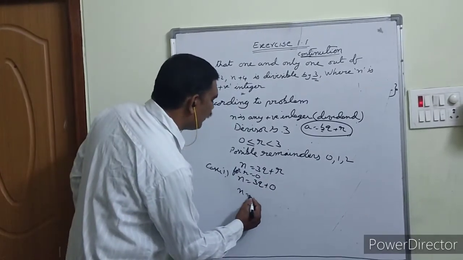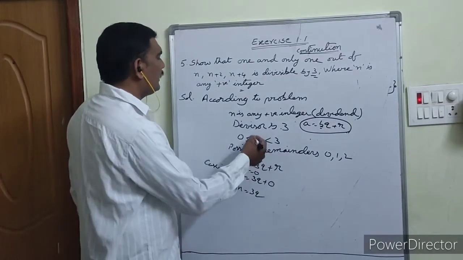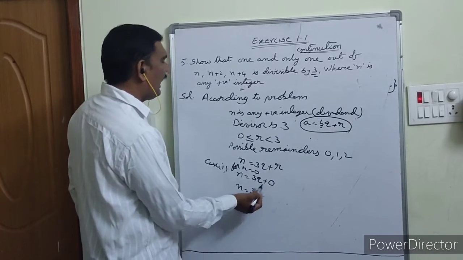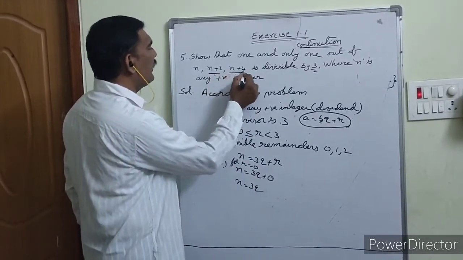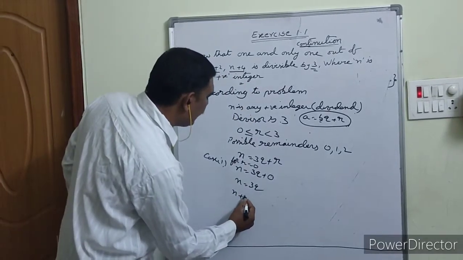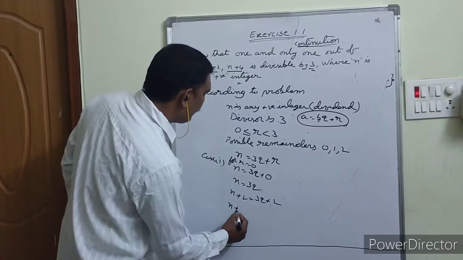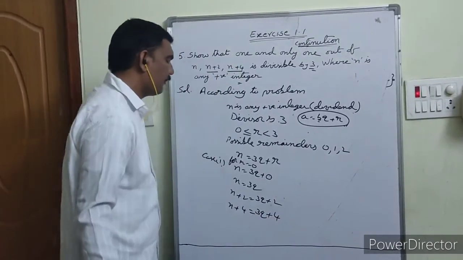So you got n equal to 3q. Next, in place of n I have to write 3q in n plus 2 and n plus 4. Now n plus 2 becomes 3q plus 2, n plus 4 becomes 3q plus 4.